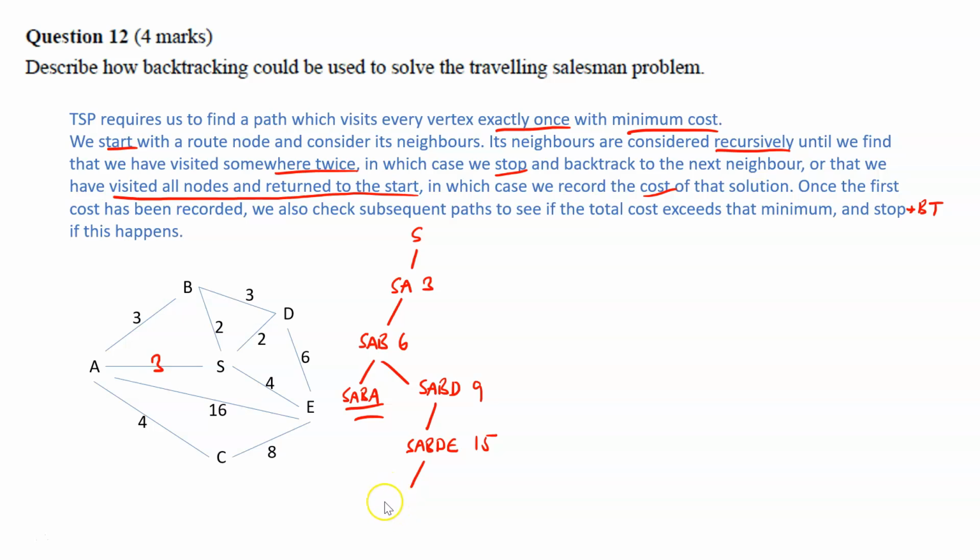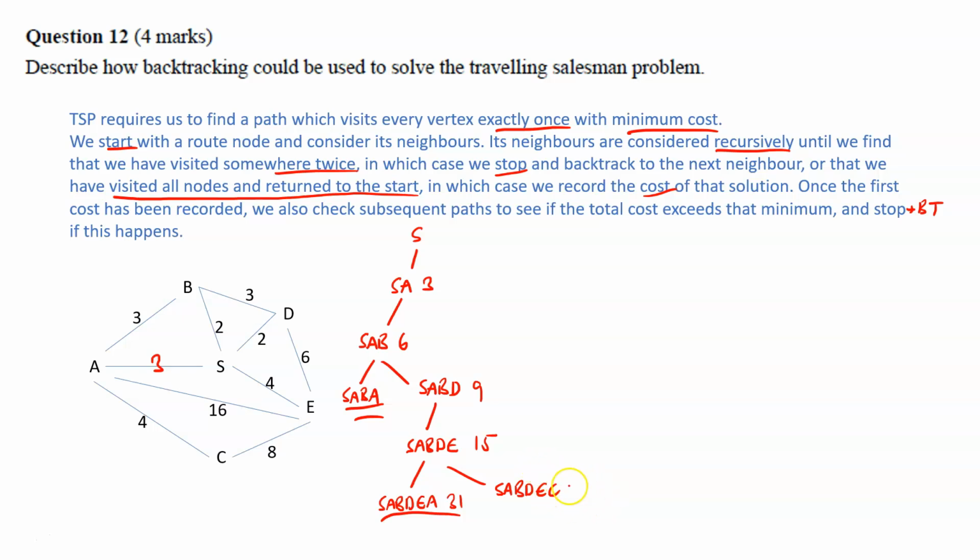Then from E we would consider going to A. SABDEA has a cost of 31, but we would prune that branch because we've already visited A. So from here we go SABDEC.